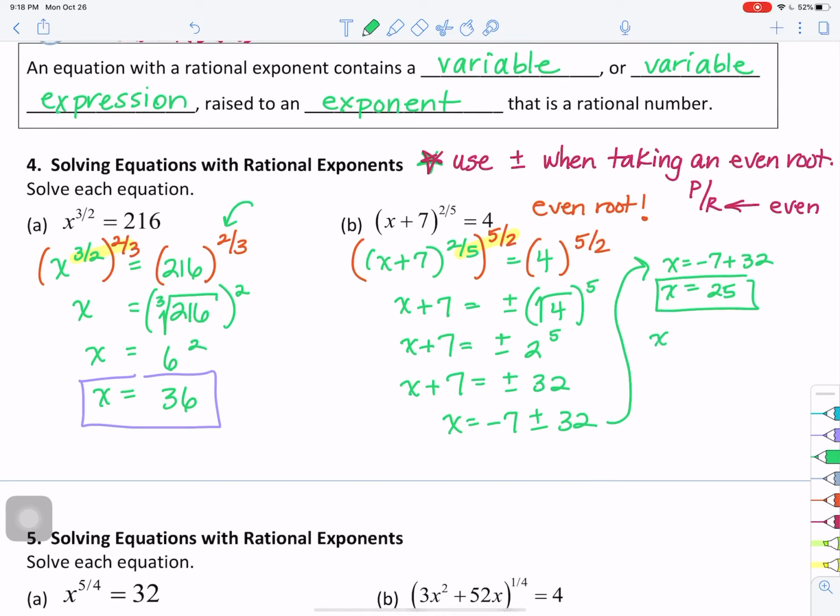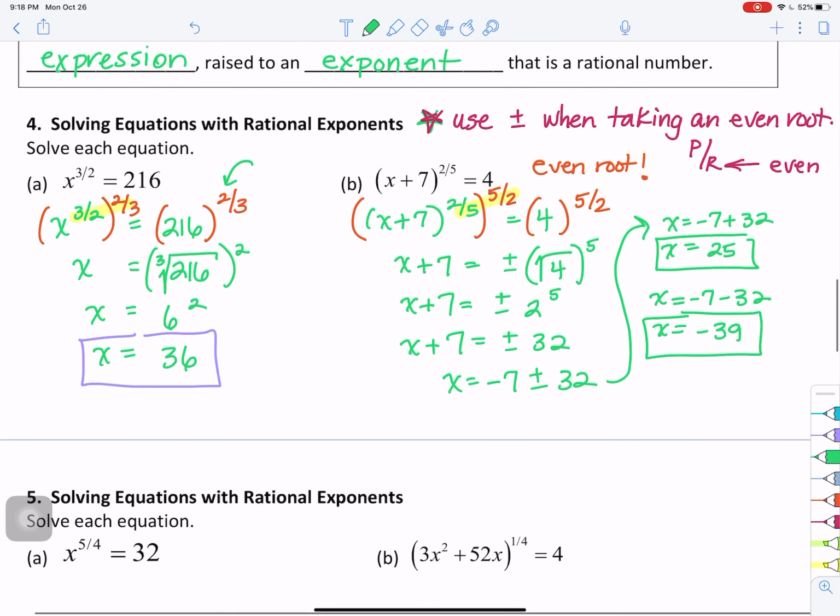And we also have X equals -7 minus 32, and that gives us X equals negative 39. So there are our two solutions.